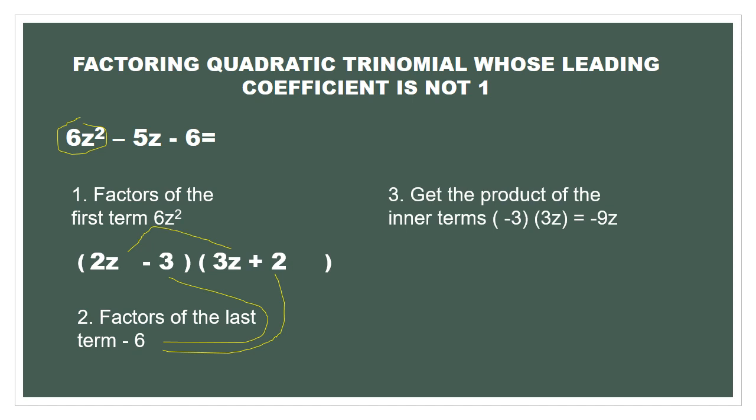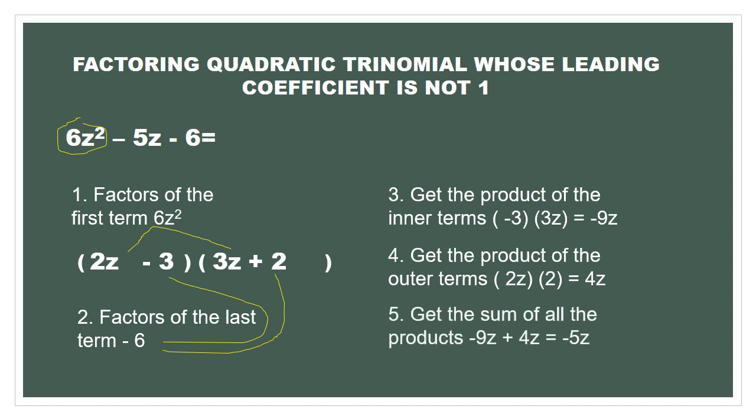Sundan pa itong another step. Get the product of the inner terms. Negative 3 times 3z is equal to negative 9z. Next, get the product of the outer terms. 2z times 2 is equal to 4z. Then, get the sum of all the products.